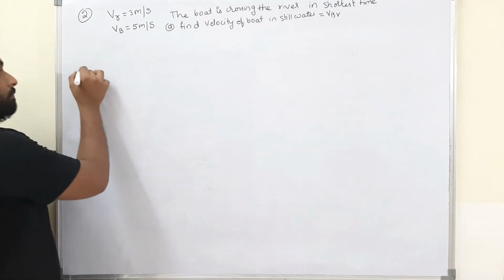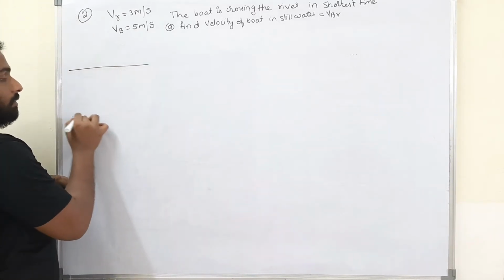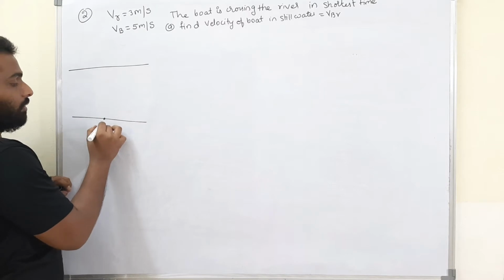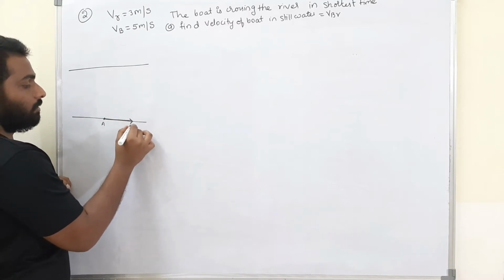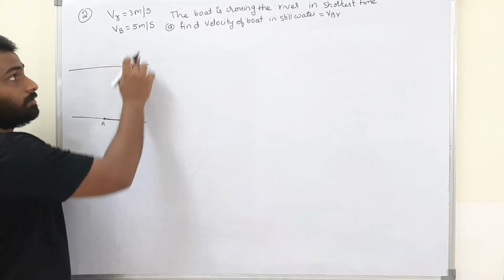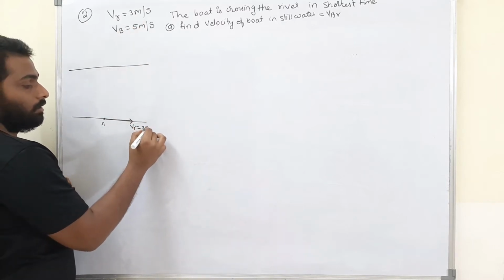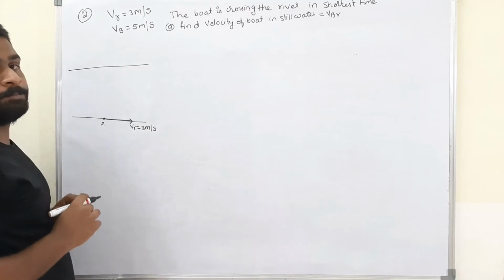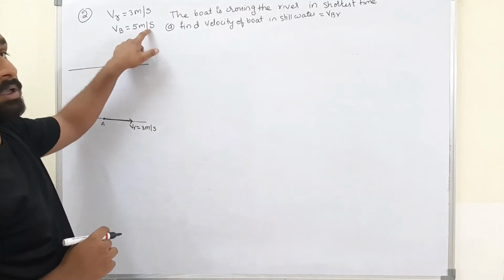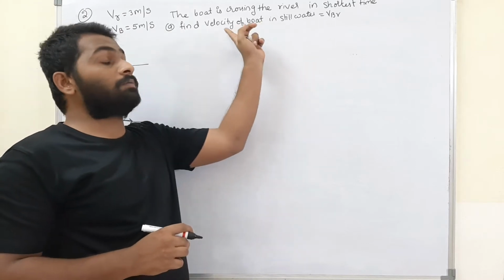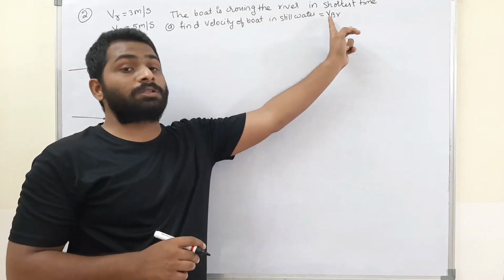Now, this is a river. From A the boat is starting. The river is moving in this direction with the velocity VR. This is the water direction. What is the velocity of river? 3 meters per second. Now the boat B is moving at 5 meters per second. Now we are told to find the velocity of boat with respect to river. That is nothing but VBR.